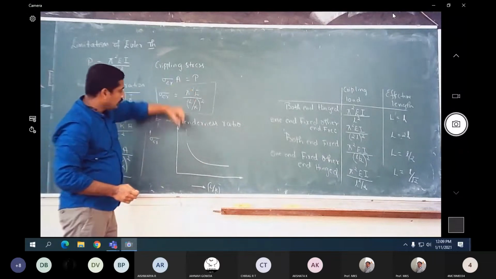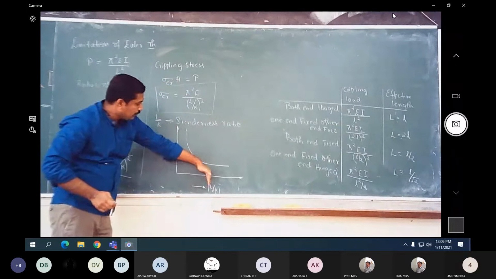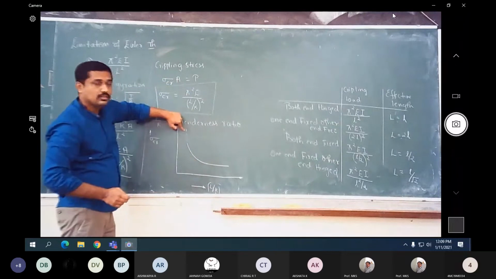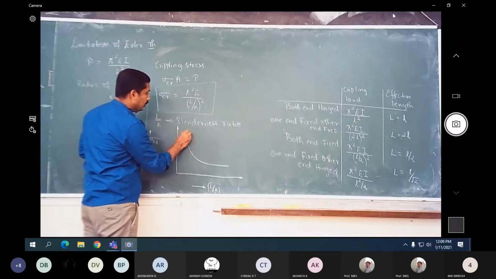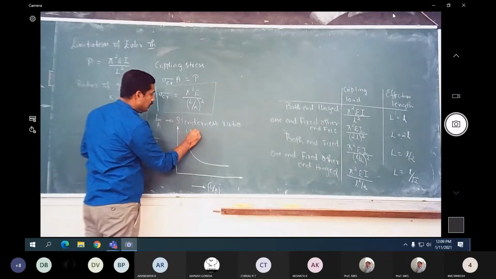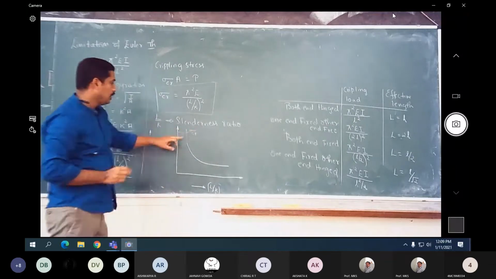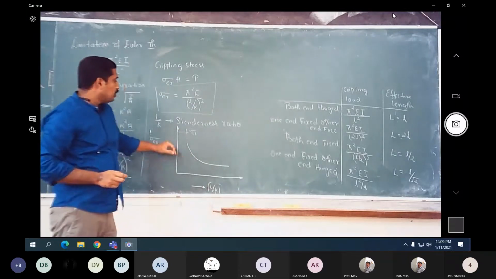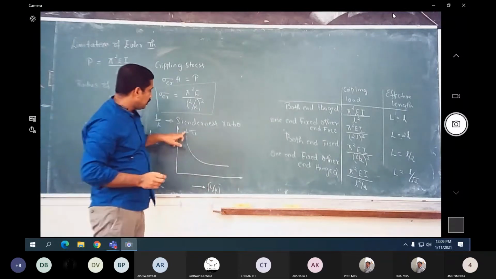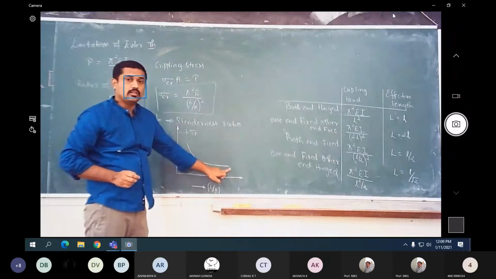When the ratio of L by K is lesser, we have the highest stress, the crippling stress. So this is sigma CR, the crippling stress at the least value of L by K. Whenever L by K increases, the stress value goes on decreasing.